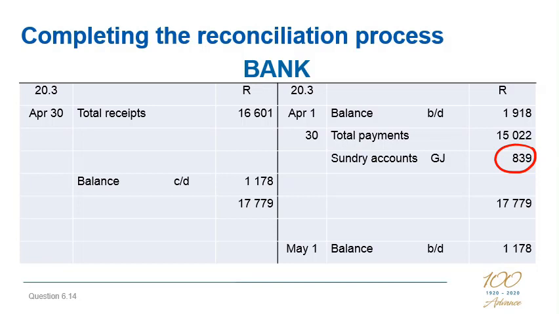So now from the opening balance plus the total payments plus the sundry accounts gives me a credit total of 17,779. So 17,779 minus my total receipts will give me my new balance for the bank account. This new balance as per bank account needs to be reconciled with the bank statement balance.